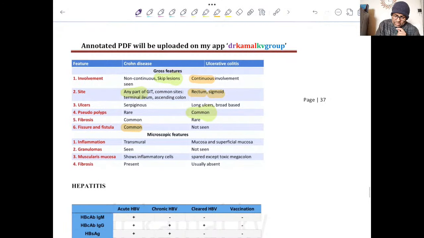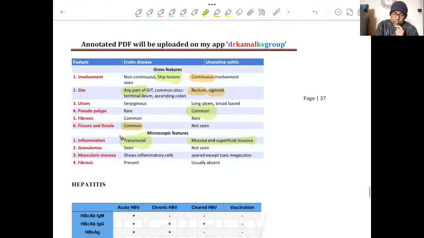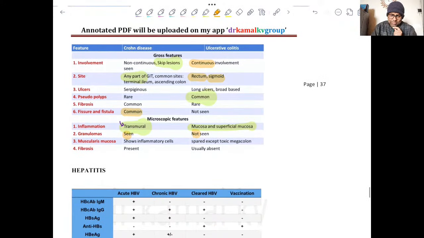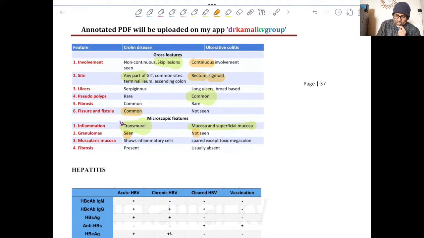Then one important thing is transmural. It means the entire thickness of the gut is involved in Crohn's, but there are superficial mucosal lesions in ulcerative colitis. Granulomas are seen in Crohn's but not in ulcerative colitis, right? So just a few basic differences between the two. Now if you talk in terms of imaging modalities, you can remember the string sign of Kantor here.